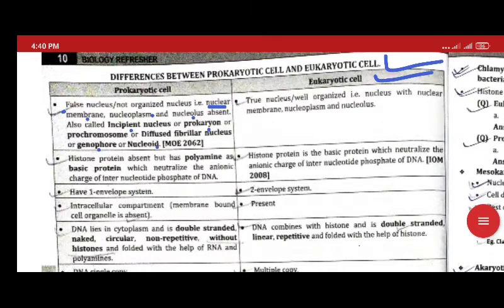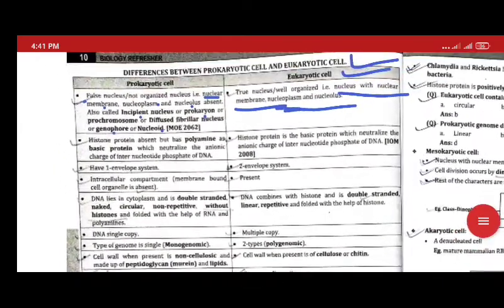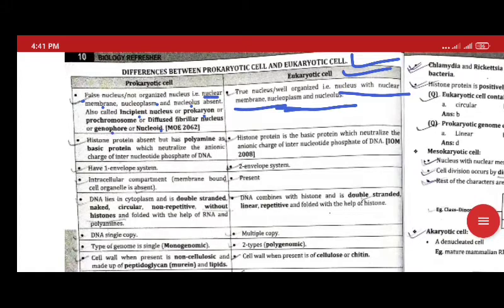Now the eukaryotic cell contains a nucleus with nuclear membrane, nucleoplasm and nucleolus. In prokaryotes histone protein is absent.